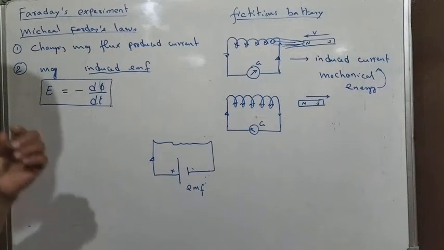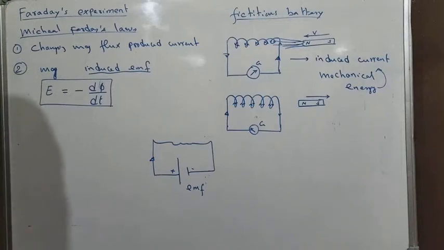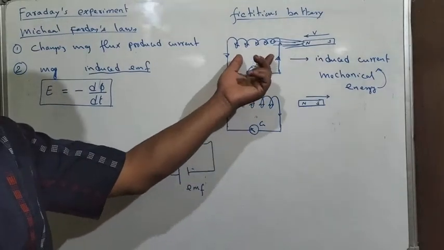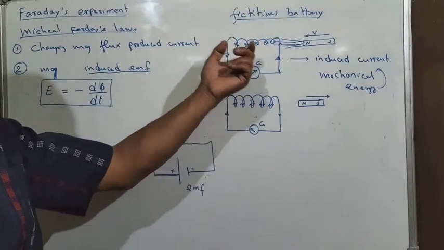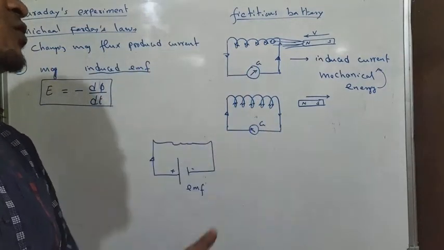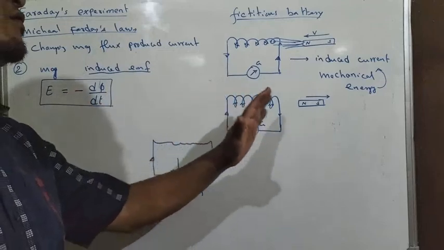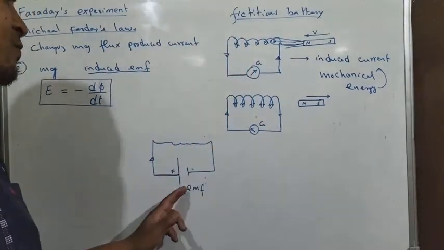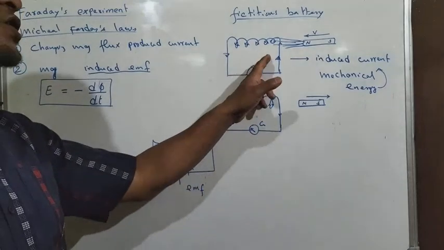So please note down the difference between the EMF of the circuit and the EMF in Michael Faraday's experiment. Because this induced EMF comes into picture because of the current which is passing through the coil. Actually, current should be produced by the EMF only. But here there is no EMF.